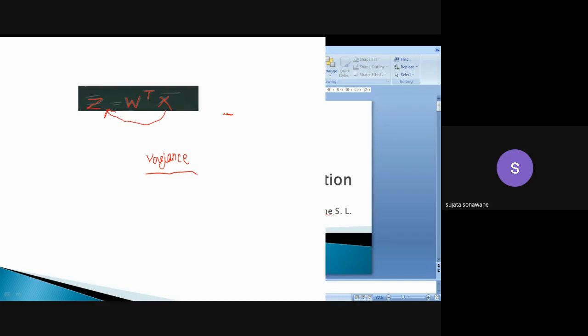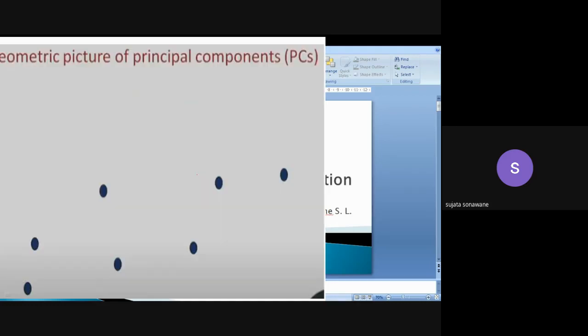Now, these blue points given here are some of the instances. When we have the instances, we will plot them in the dimensional space.